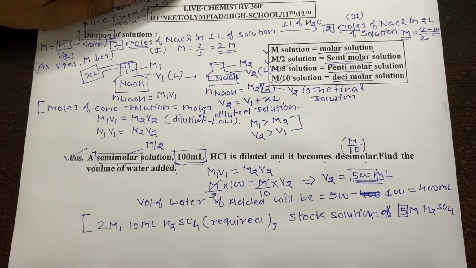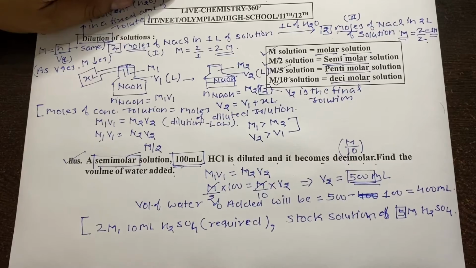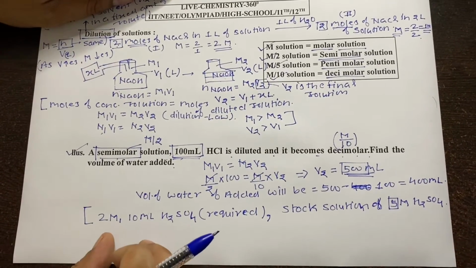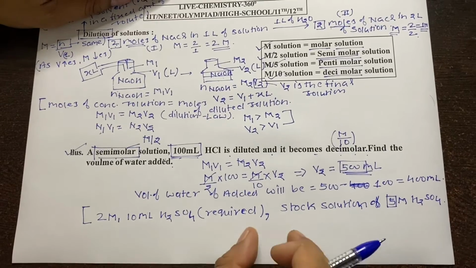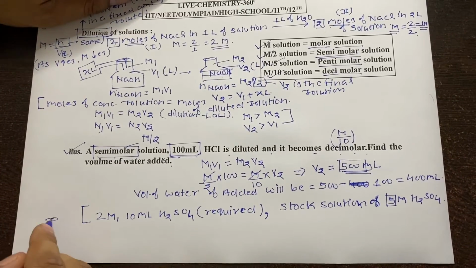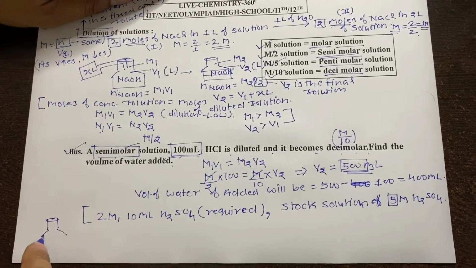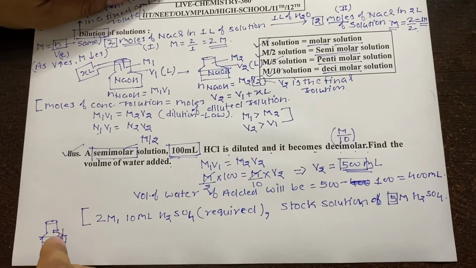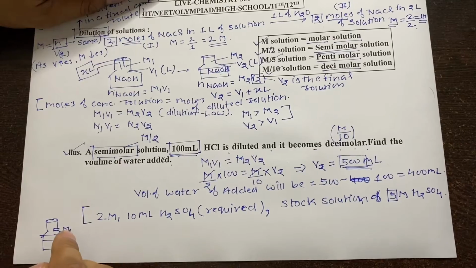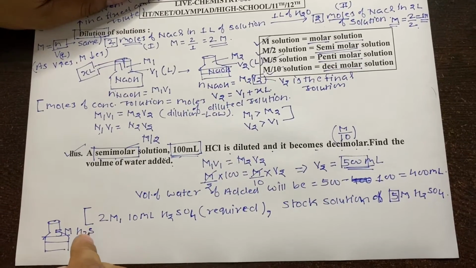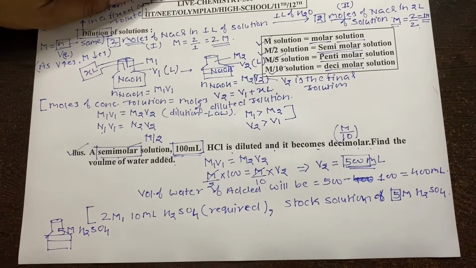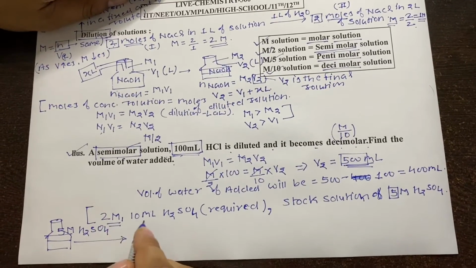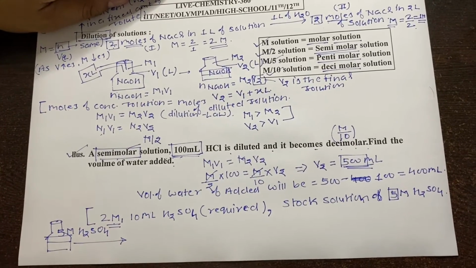What is the volume of stock solution required to prepare 2M 10 ml H2SO4 solution? A stock solution is one, the concentration of which is known. So this is a 5M H2SO4 solution, and from it we need to prepare 2M 10 ml H2SO4 solution.